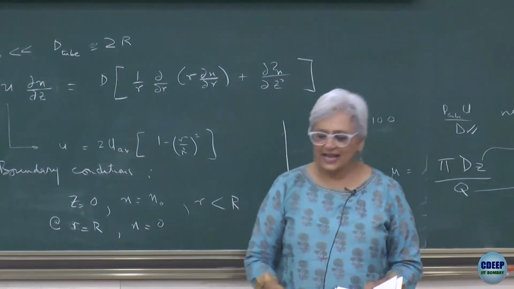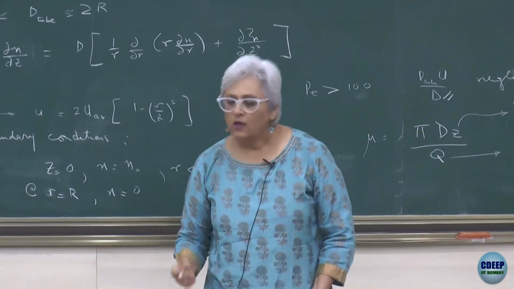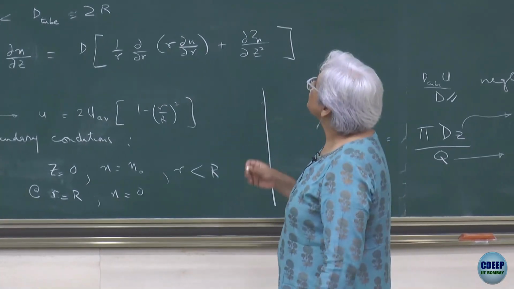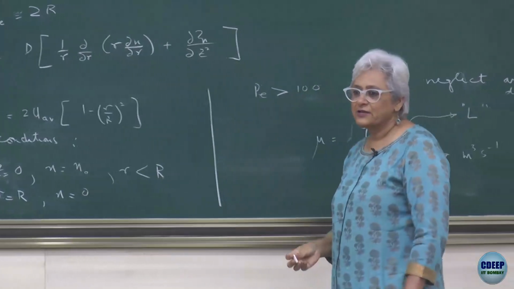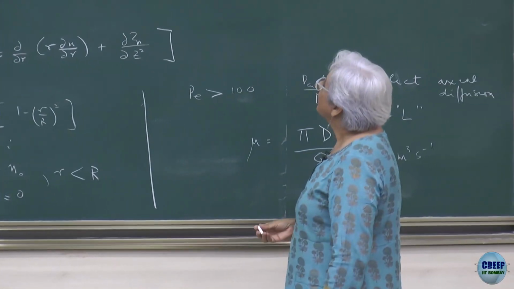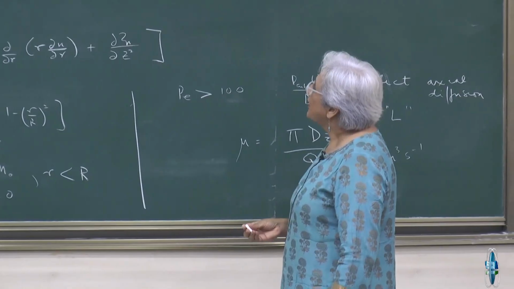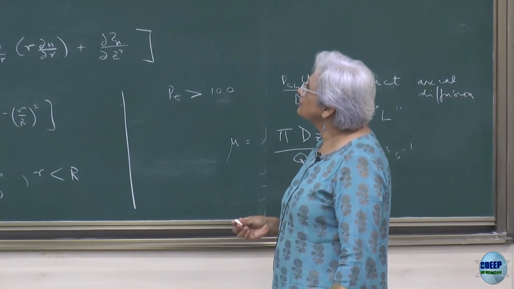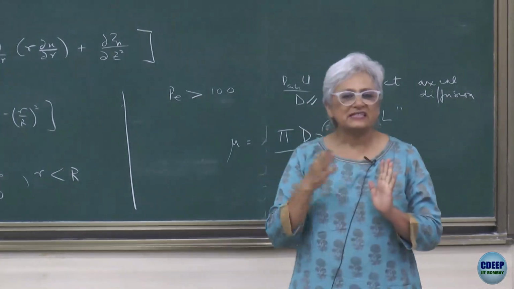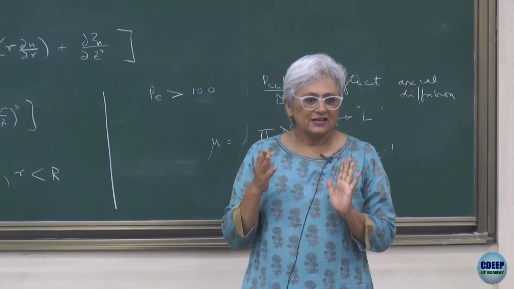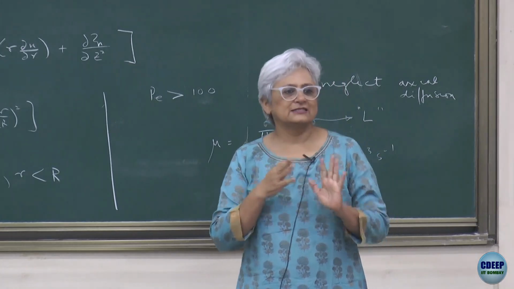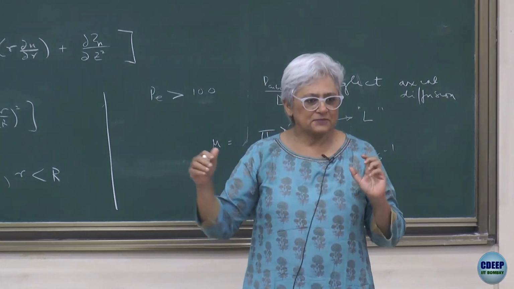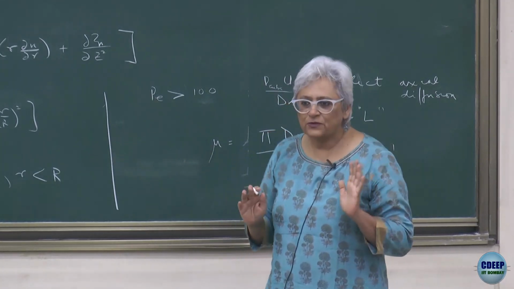So with that non-dimensionalization, we are able to go forward with the solution, and the original reference you can go and get if you like and take a look at it. It gives you these solutions in terms of a penetration fraction, which is what fraction of particles escaped the deposition and got out of the pipe.